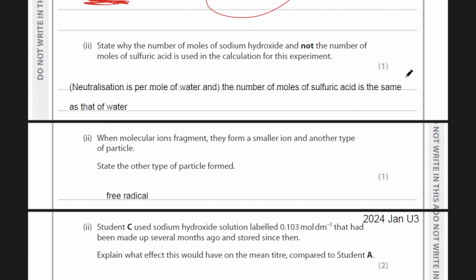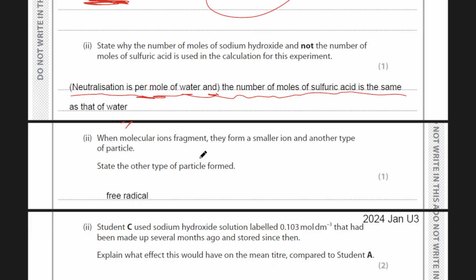State why the number of moles of sodium hydroxide and not the number of moles of sulfuric acid is used in the calculation for this experiment. First of all, we need to ensure that the neutralization is per mole of water, and the number of moles of sulfuric acid is the same as that of the water.